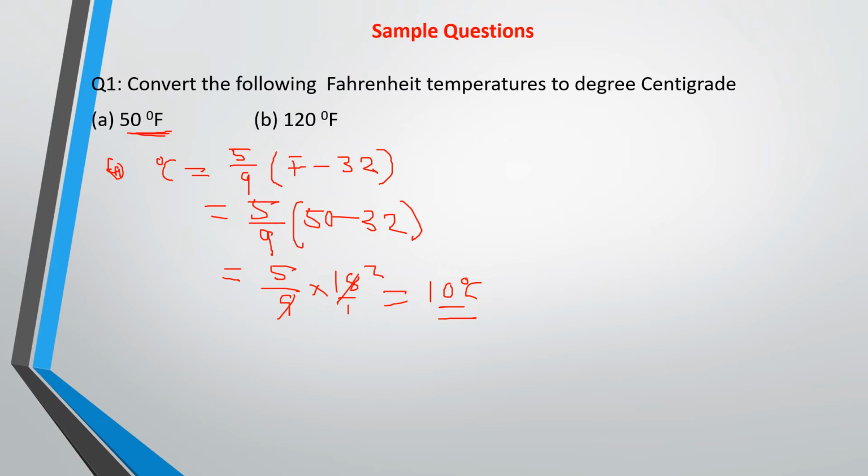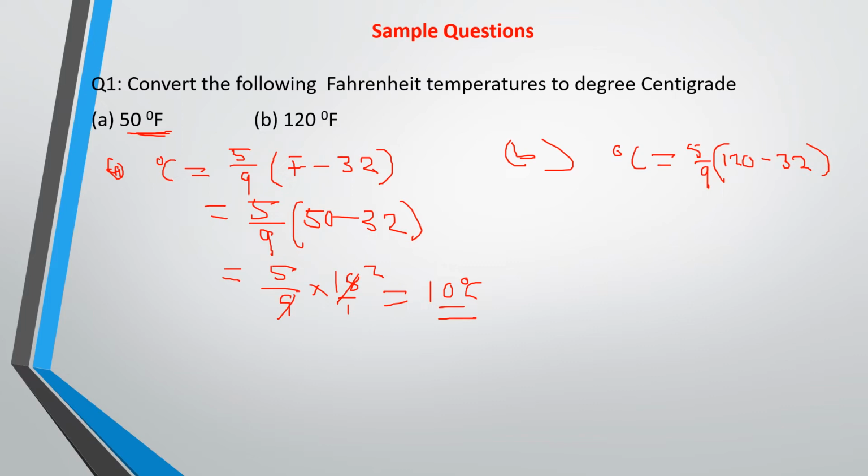Similarly, for the second one, you can just do it the way we did the first one. Degree centigrade is equal to 5 all over 9. Put your degree Fahrenheit that is given to you, which is 120, minus 32.